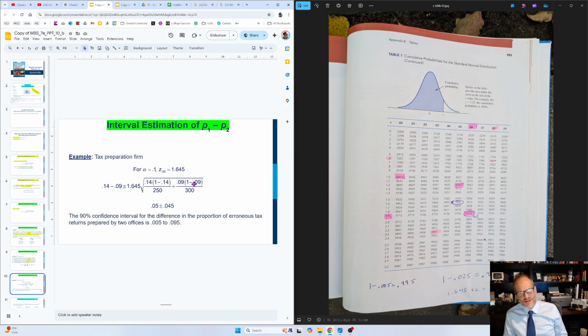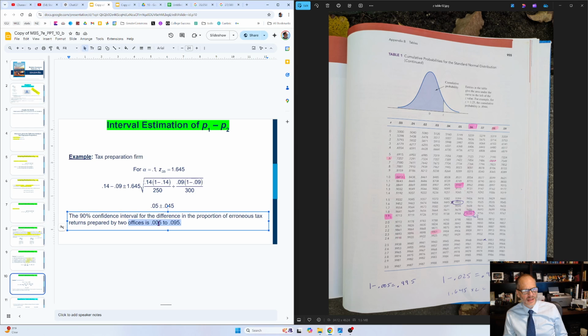And so now we've got all these pieces, and we could get 0.05 plus or minus 0.045, and we could say the 90% confidence interval for the difference in the proportion of erroneous tax returns prepared by the 2 offices is that, right? So the difference in the proportion in the population of erroneous tax returns prepared by the 2 offices is 0.005 to 0.095.